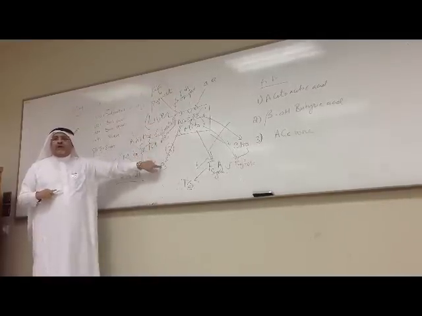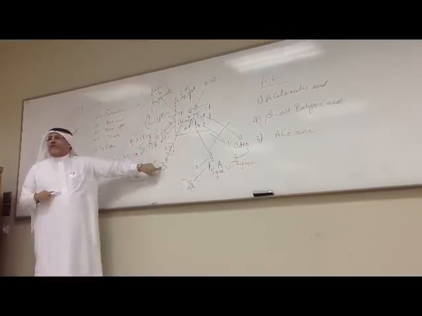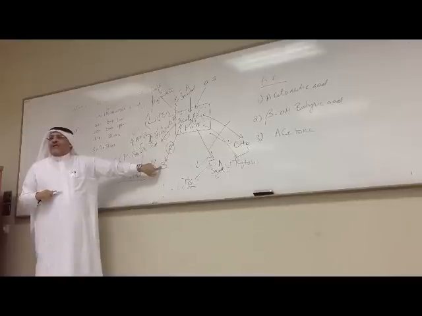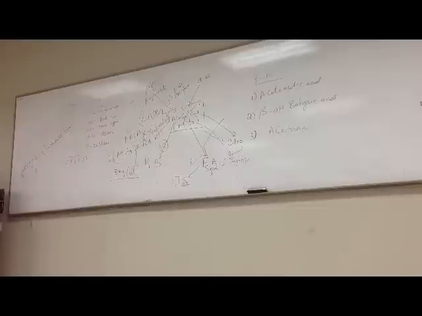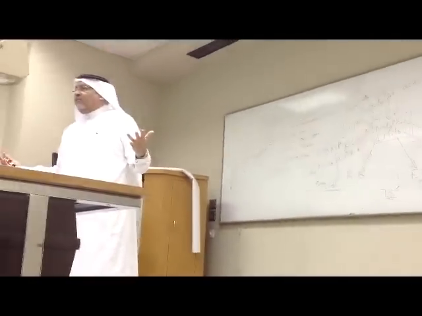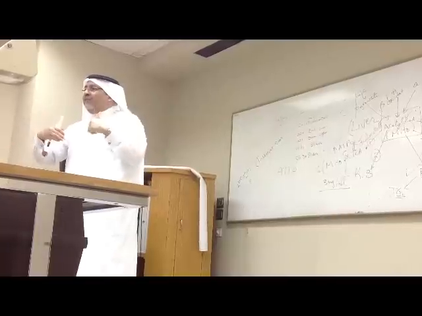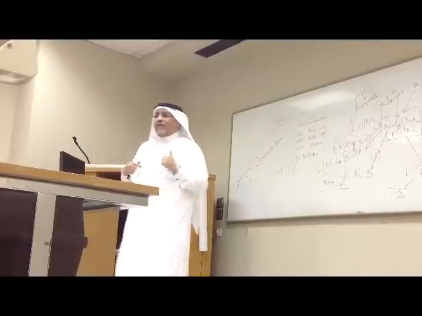If you mention only the mitochondria, this is not a correct answer. It has to be in the liver mitochondria, because mitochondria exist in different cells. And even if mitochondria are present in different cells, they are not responsible for synthesis of ketone bodies unless it is what? Hepatocytes.